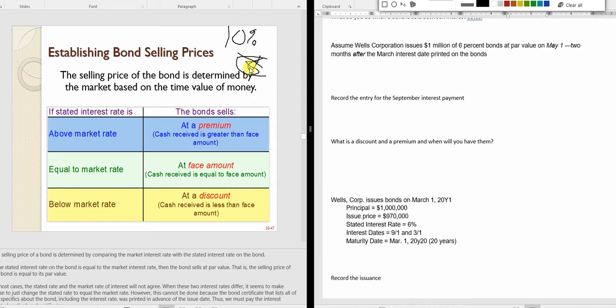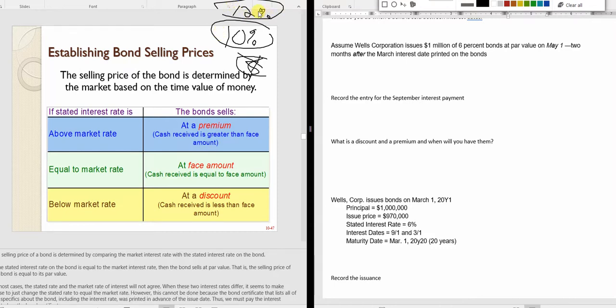So what do you do in a store to get rid of merchandise nobody wants? You put it on sale. So cash received is less than the face amount. So you reduce the selling price of the bond until people want it. What happens if the bond is paying 12%? The answer is everybody wants it, and you've all taken economics, and when everybody wants something, the price goes up, and the price of the bond will go up until everyone is indifferent as to whether they buy a 10% bond or your bond at 12%.